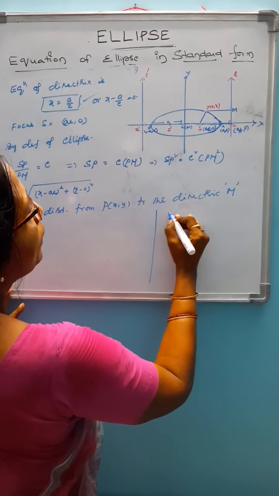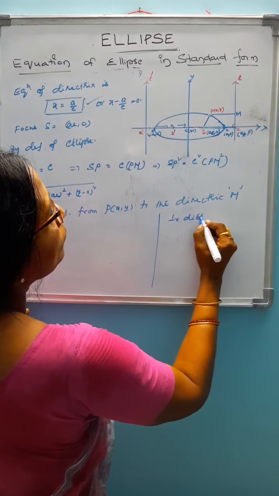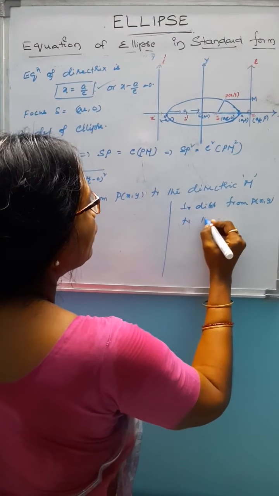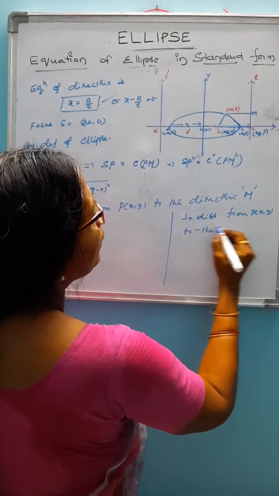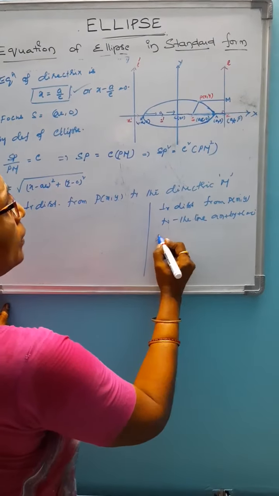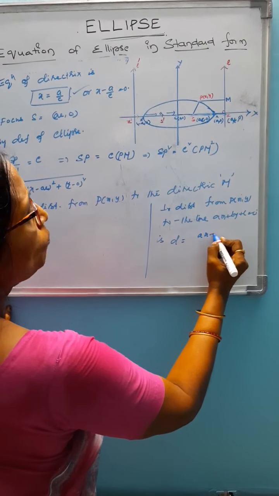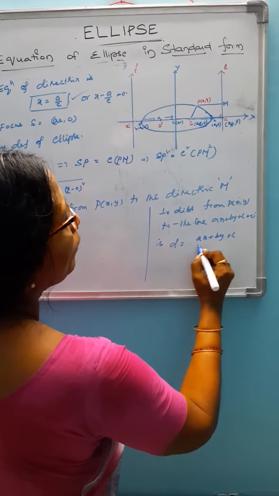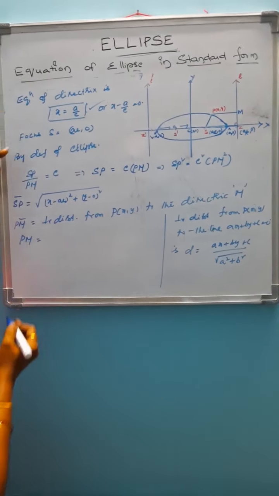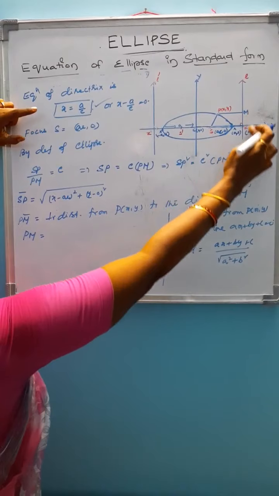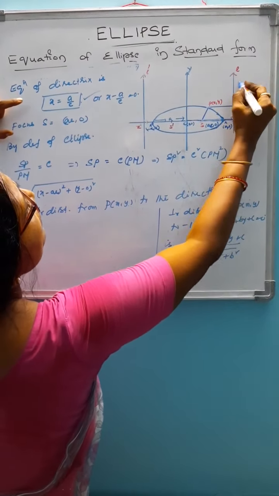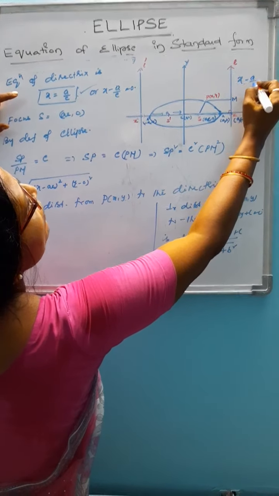what is the perpendicular distance from P(x, y) to the line ax plus by plus c is equal to 0? It is d is equal to (ax plus by plus c) by square root of a square plus b square. Here the perpendicular distance from (x, y) to the line x minus a by e is equal to 0.